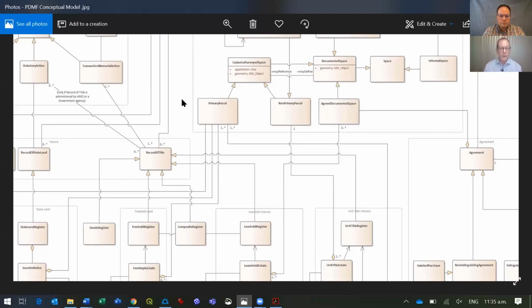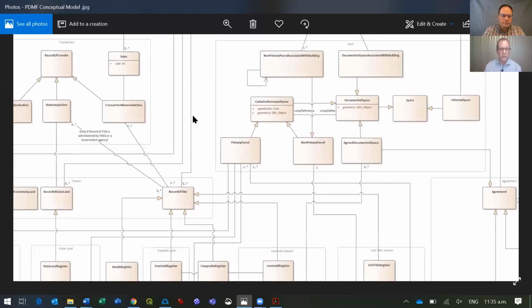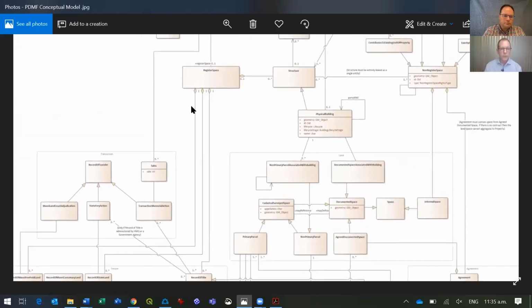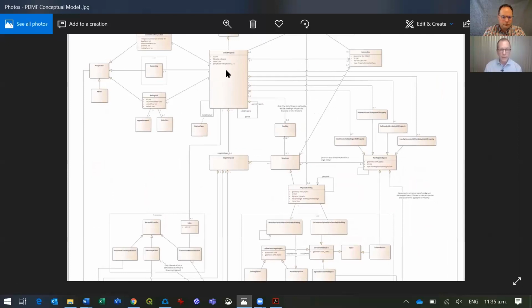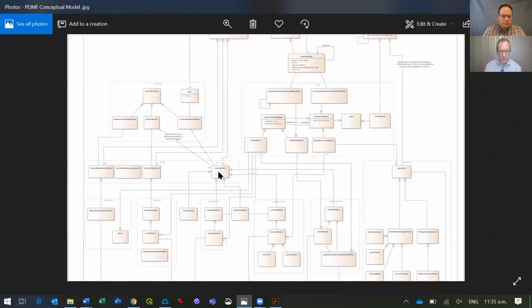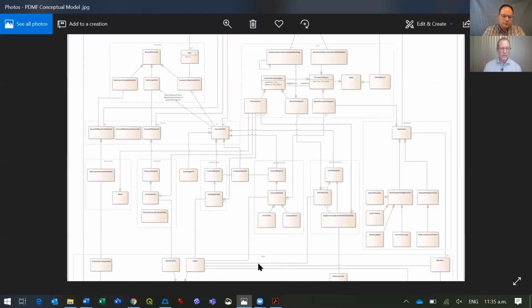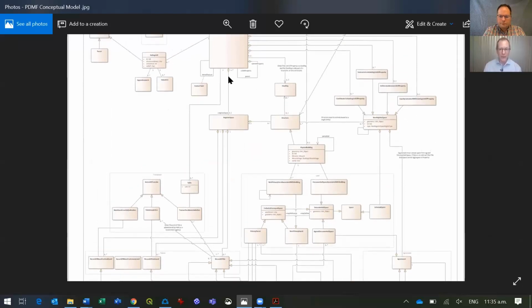So the way that we are delivering that notice of service is we're using this PDMF model as the blueprint for connecting rating unit to titles and therefore through to parcels to deliver that link so we can deliver the notice service. So it's an indirect link because this model is not about modelling Land Online, it's about modelling connections from Land Online to other bits of data.